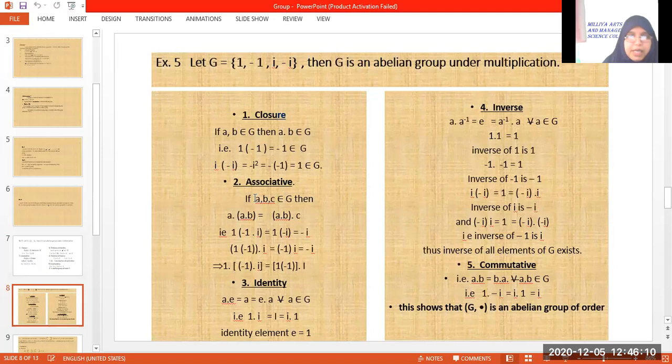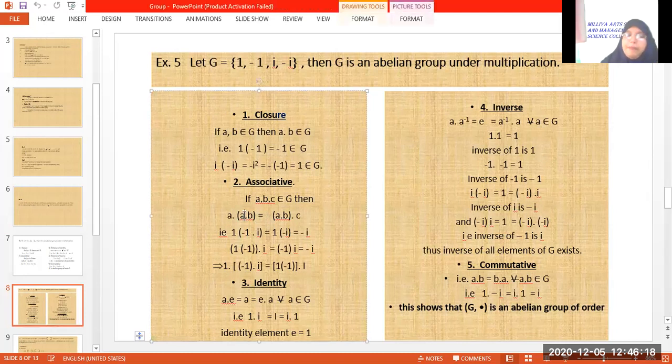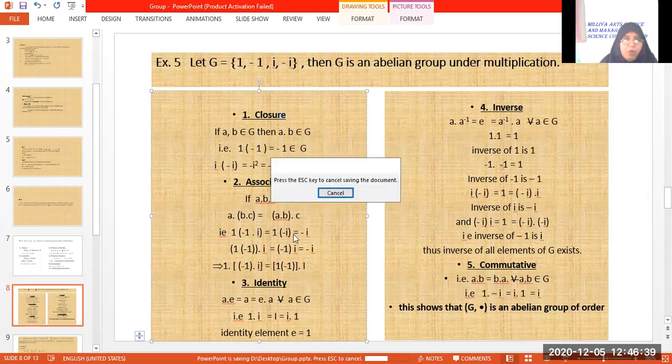Associative property next. If A, B, C belong to G, then A dot B dot C is equal to A dot B dot C, grouped either way.